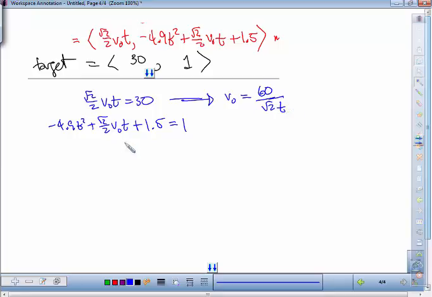So we'll put that into here, and then we're going to get negative 4.9 t squared plus root 2 over 2, and then the v naught is 60 over root 2 with t in the denominator. That would cancel with that t in the numerator. Thanks, Harrison. And 1.5 is equal to 1.